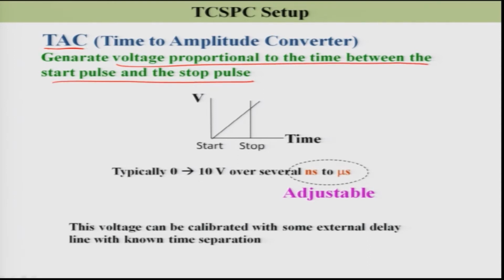When a start pulse comes, the voltage keeps being generated, it keeps charging, and once there is a stop, it measures this voltage. There is a calibration of how much voltage can be generated with how much time. Typically 0 to 10 volts can be generated over a time region of several nanoseconds to microseconds. So I can work out how much time each millivolt corresponds to, and that is used for the measurement of time, like a stopwatch.